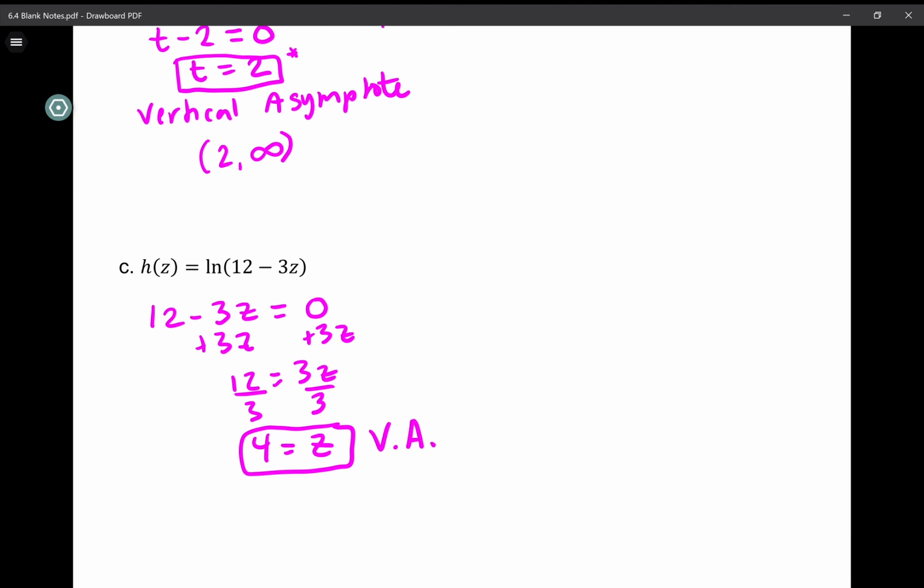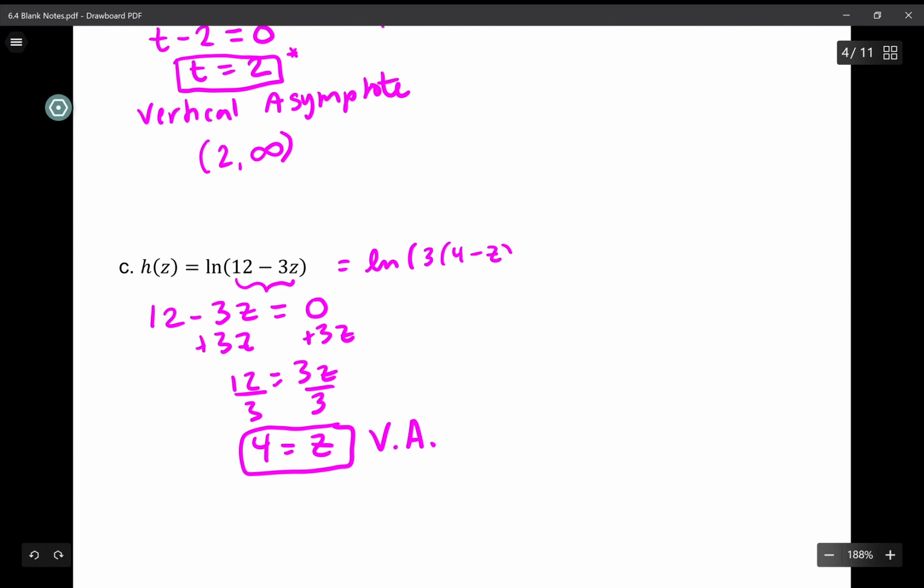Well, we know 4 isn't in the domain, but when we look inside here, we can see that we put a negative on our input, right? Our input is now negative 3z. So while that's going to do some stretching and compressing, it's also going to shift it. Maybe a good way to look at this is to factor 3 out, so that would be 3 times 4 minus z.